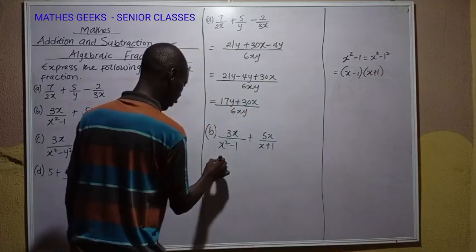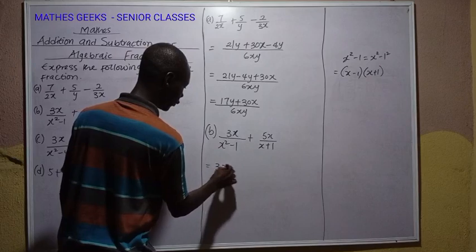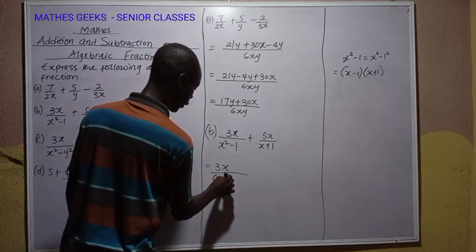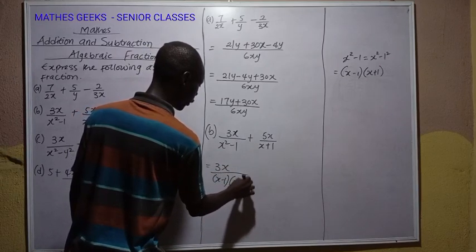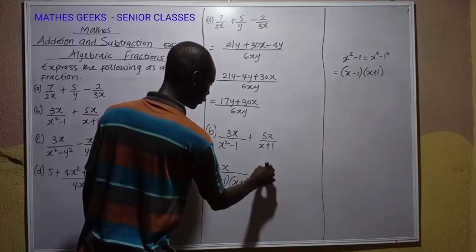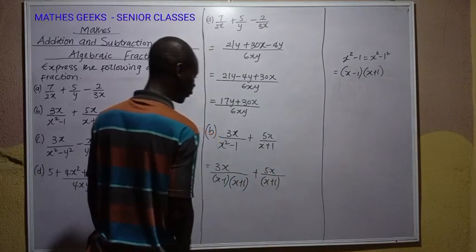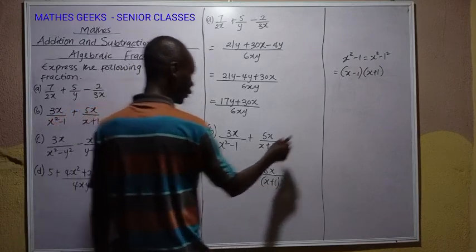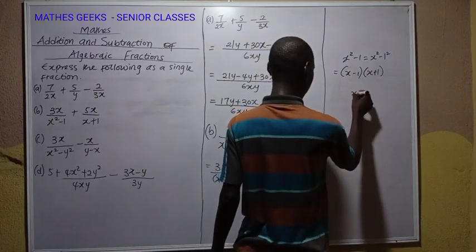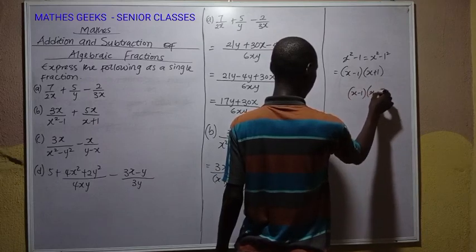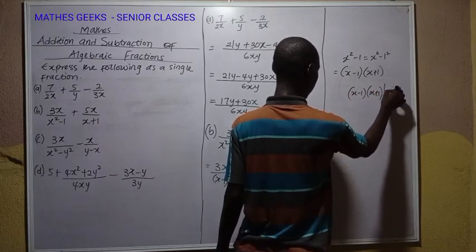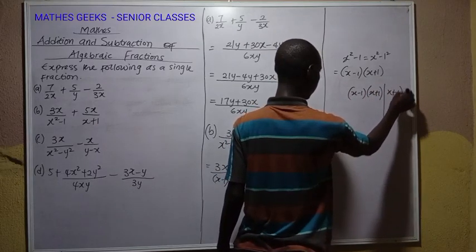So this is 3x over x minus 1 and x plus 1, plus 5x over x plus 1. So our LCM will be x minus 1 and x plus 1.